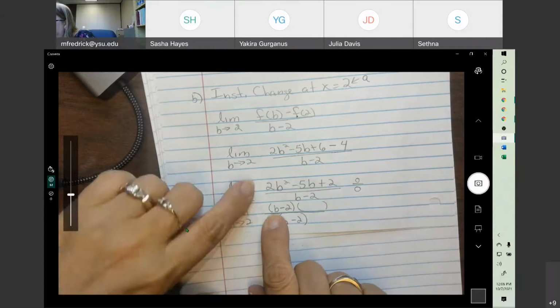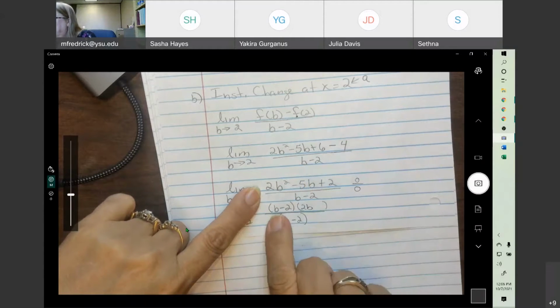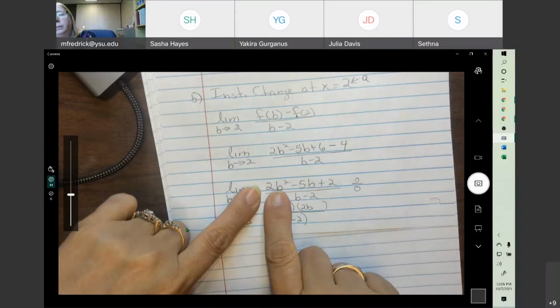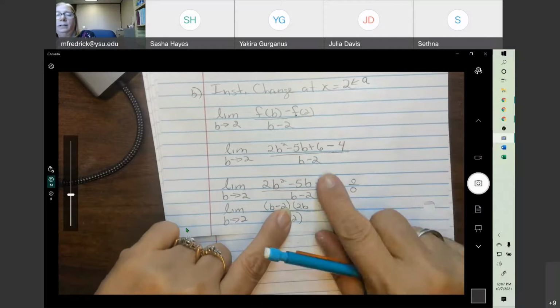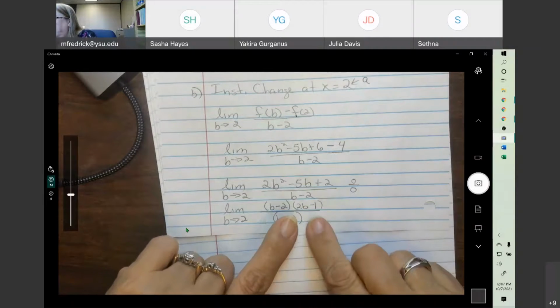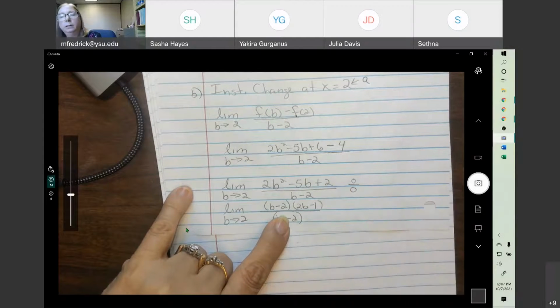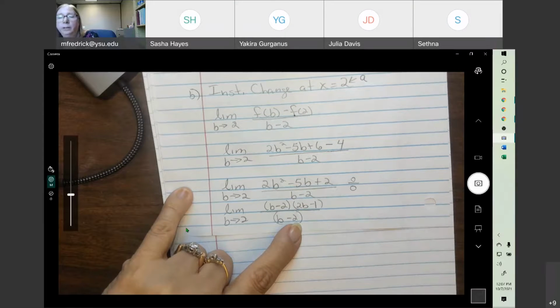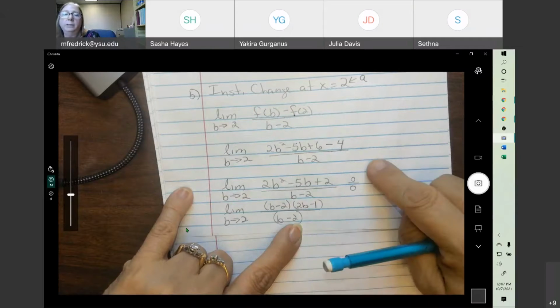So here, I need 2b. b times 2b gives me 2b squared. This is a negative 2. I need a positive 2, so I need a negative 1. Negative 2 times negative 1 will give me that. I'll show you the other way. Any questions on that way, though? Because we know this factor has to be the same. That's what gets the 0.